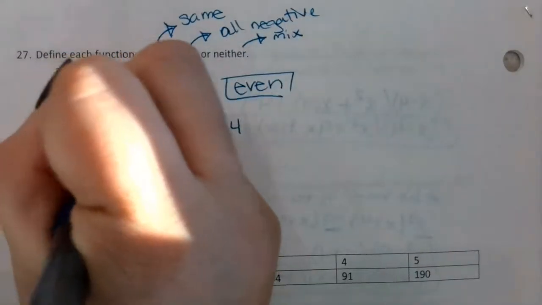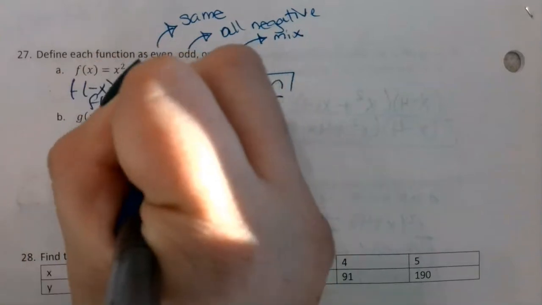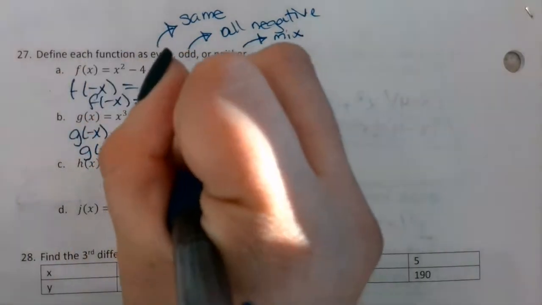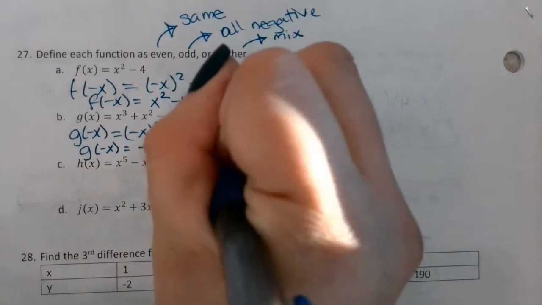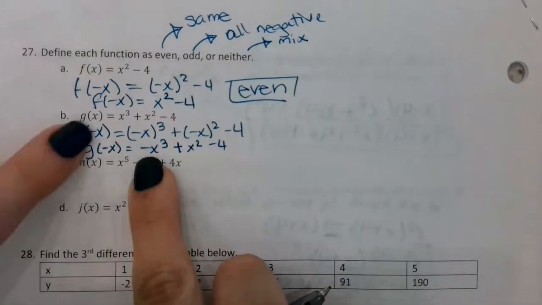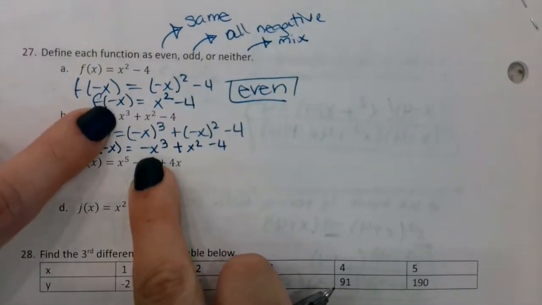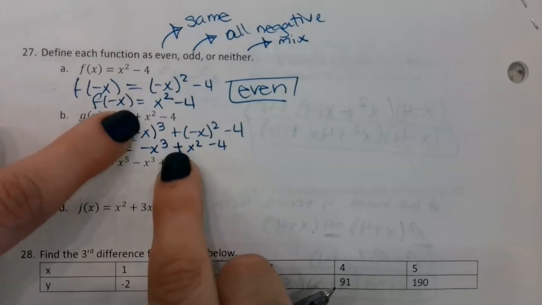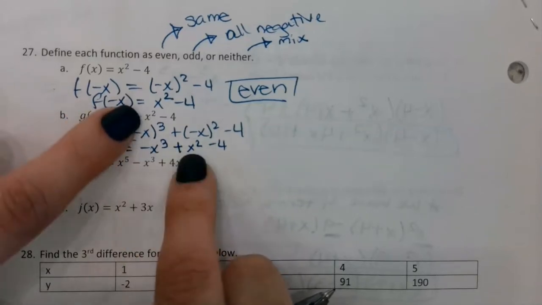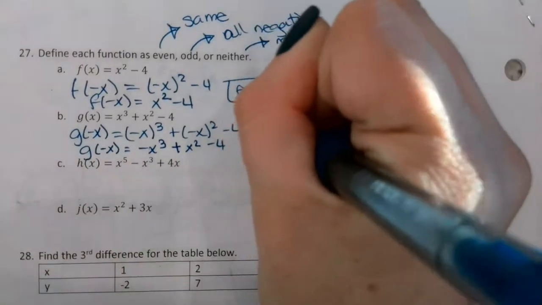A negative number to an odd power stays negative. I already know x squared is going to be positive, minus 4. So if I compare, signs out front for the x cubed are opposite, but for x squared they're the same. So this one is neither.